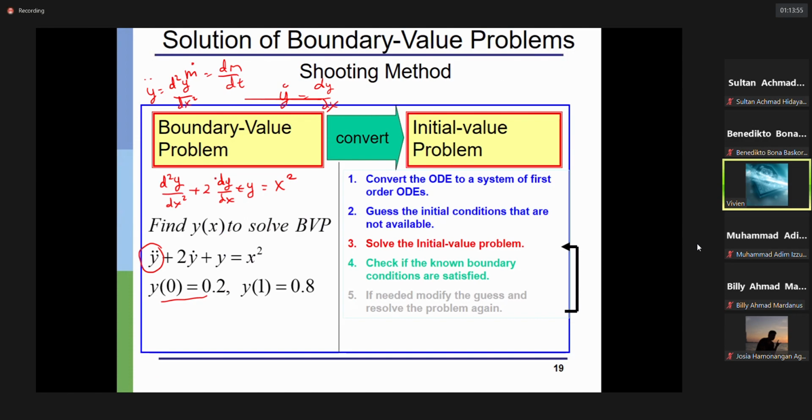If we take dy dx as z, then the second equation becomes dz over dx plus 2 times z plus y equals square root of x. Or we can write that the second equation, dz dx, will be equal to square root of x minus 2z.